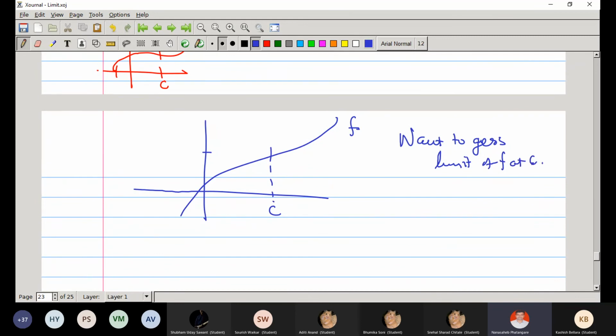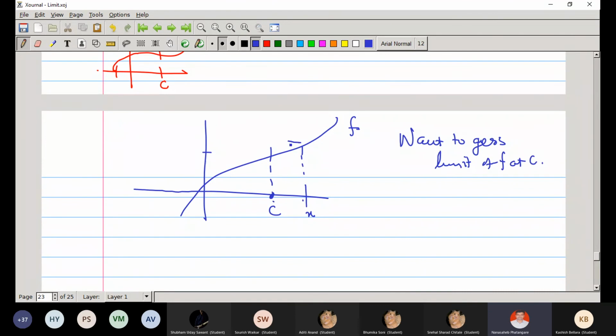So think naturally, don't think that I need some hi-fi mathematics. What is my basic question? How to guess the limit? That means what I expect basically, suppose x approaches c, where does f of x approach, correct? This is my basic question.